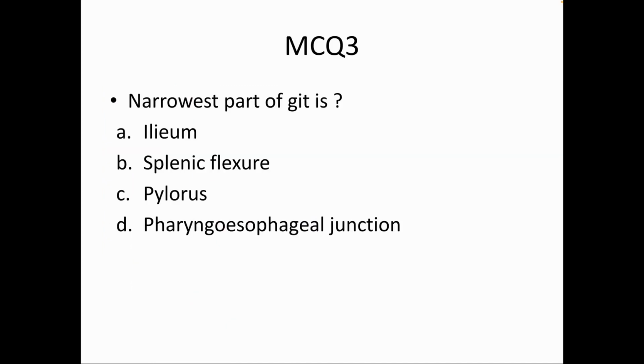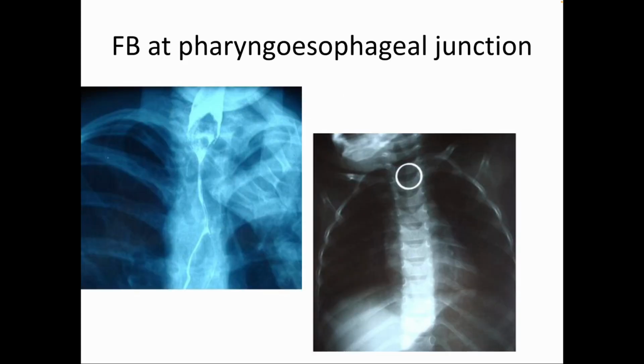What is the narrowest part of the GIT? The narrowest part of the GIT or the narrowest part of the esophagus, the answer is going to be the same, which is the pharyngoesophageal junction. This is the site where foreign particle impaction usually occurs.